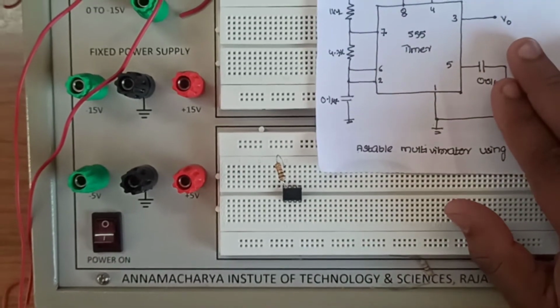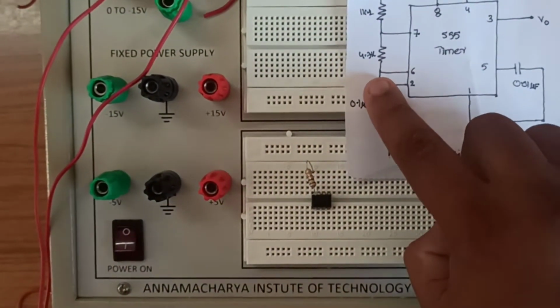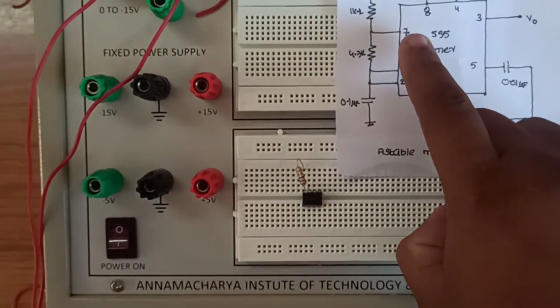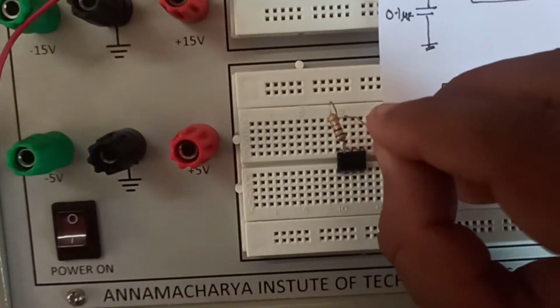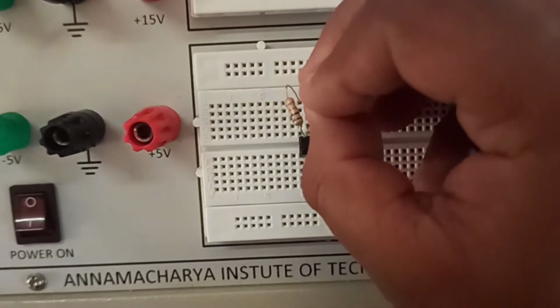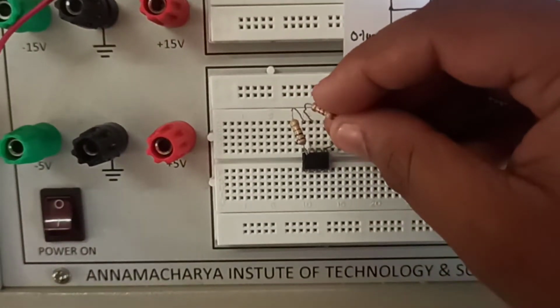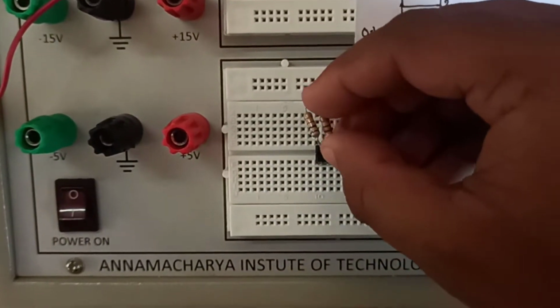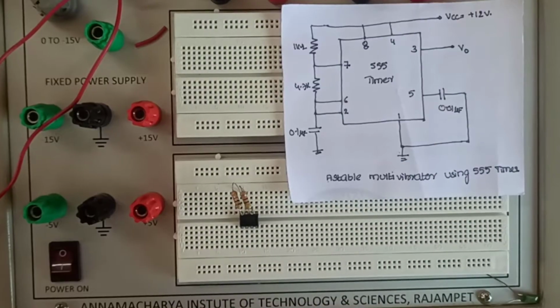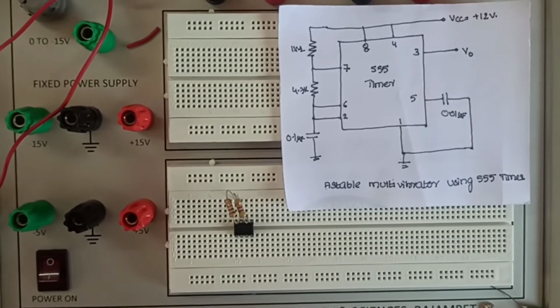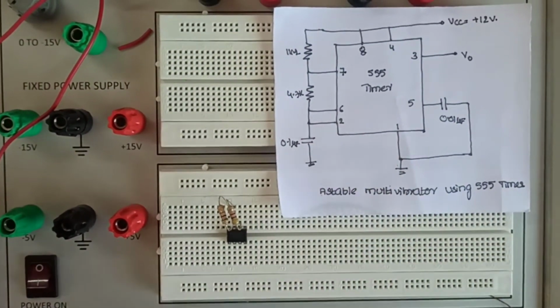And similarly we have one more resistor, a 4.7 kilo ohm resistor between pin 7 and pin 6, and I am just connecting at pin 7 and pin 6. Now coming to other components, there are two capacitors.